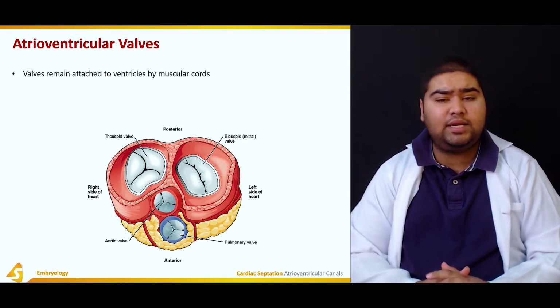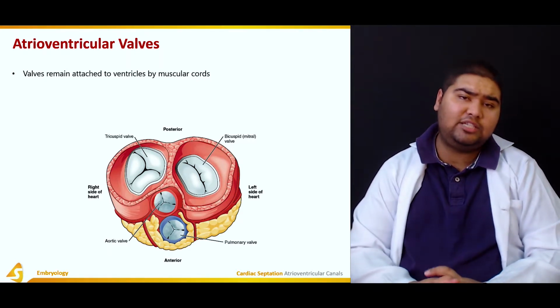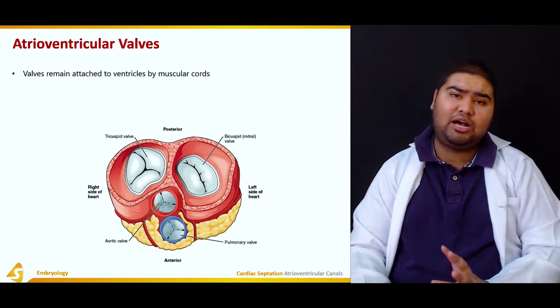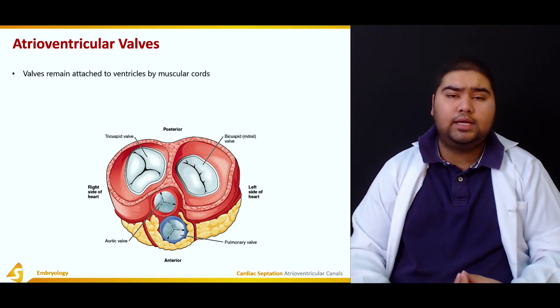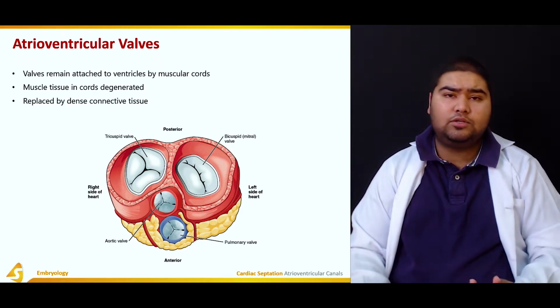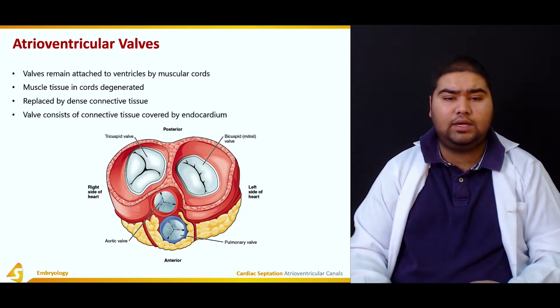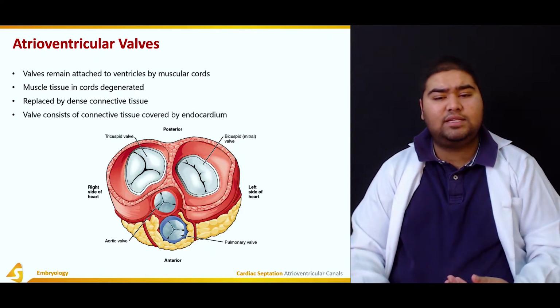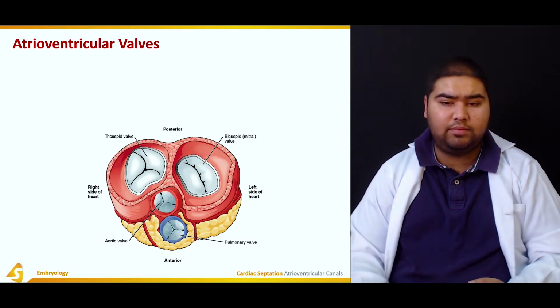Initially, the valves are attached to the ventricles by muscular cords. However, with development, the muscular component of the cords degenerates and only dense connective tissue remains. This is how the valves are connected to the muscles of the heart. The valve consists of connective tissue lined by the endocardium.